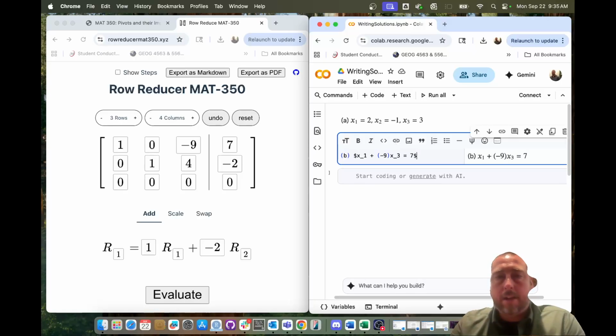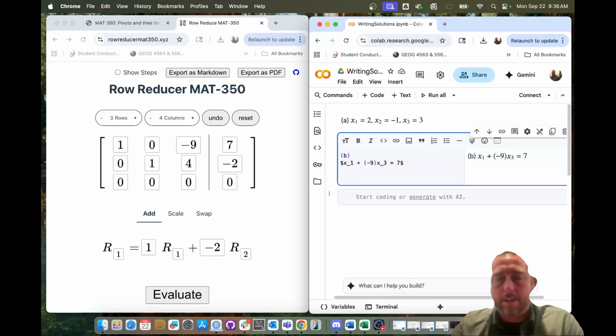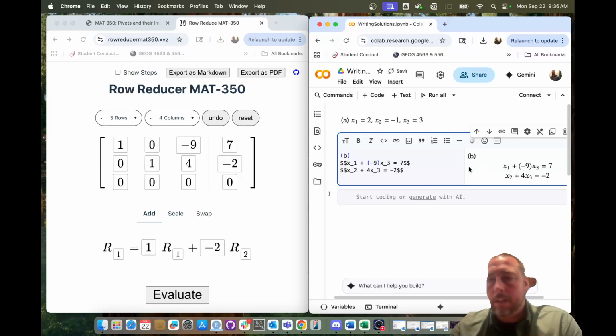And it's also saying, so I'm going to put this down below, I'm actually going to center these maybe. The second row then is saying that 1x2 plus 4x3, so I'm getting 4x3 from here, it's in the third column, is equal to -2. And so there are the solutions to my system.